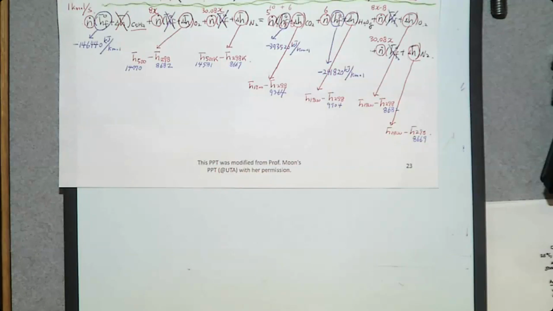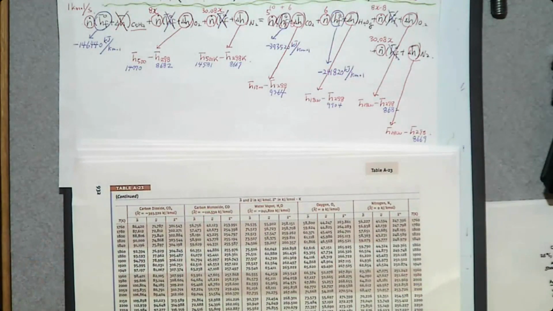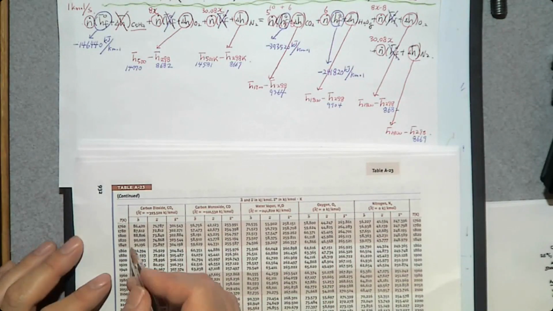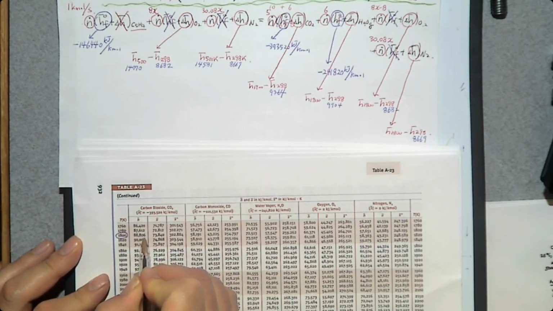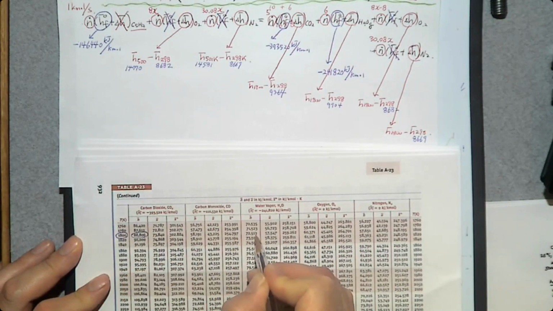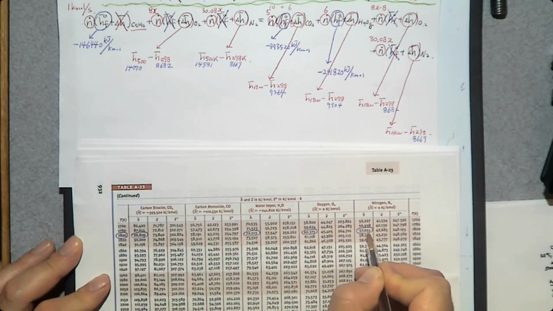Then what is the temperature at the exit? 1800. So let's find 1800. Now there's 1800 Kelvin. So at this temperature, H bar of carbon dioxide is 88,806. And this is for water, this is for oxygen, and this is for nitrogen.